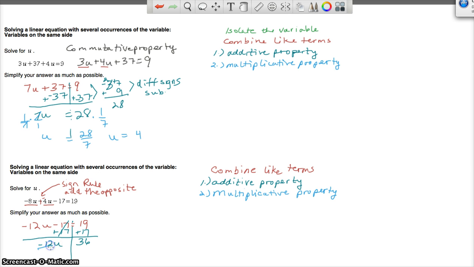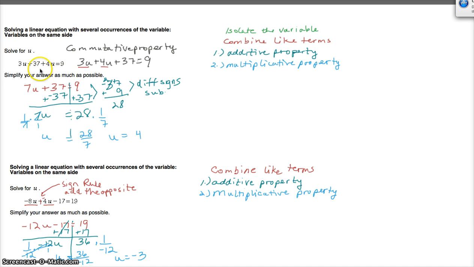So if this is negative 12 over 1, I'm going to multiply by 1 over negative 12 on both sides. And this is going to cancel out and leave me with u equals 36 over negative 12. And that means that u is going to equal 36 divided by negative 12, which is negative 3.